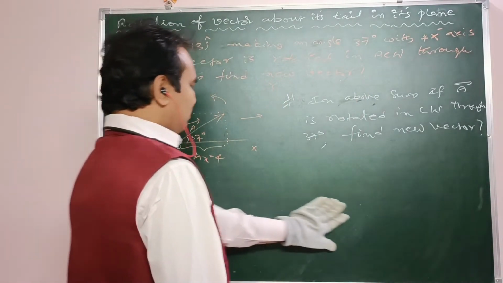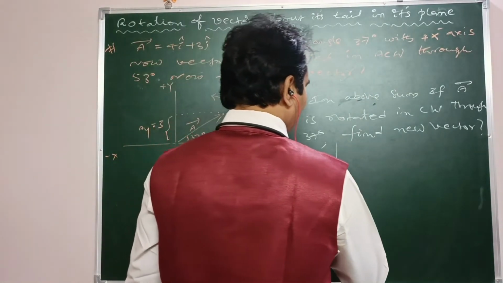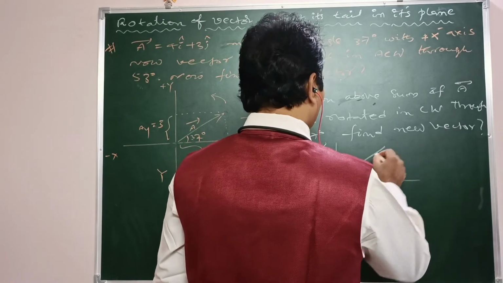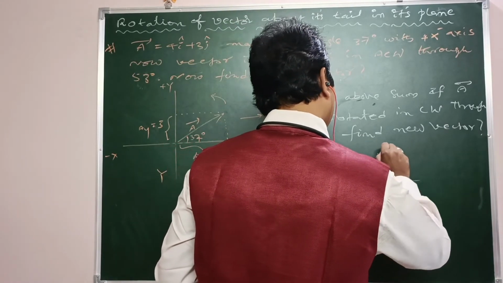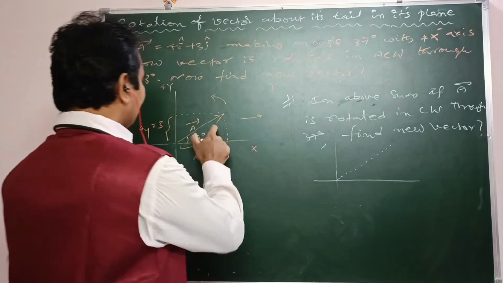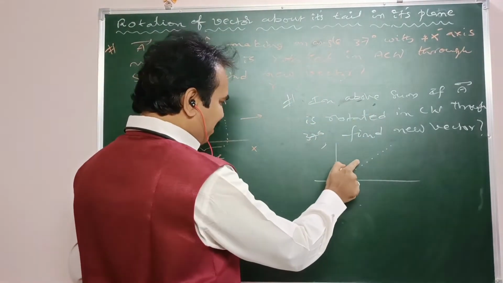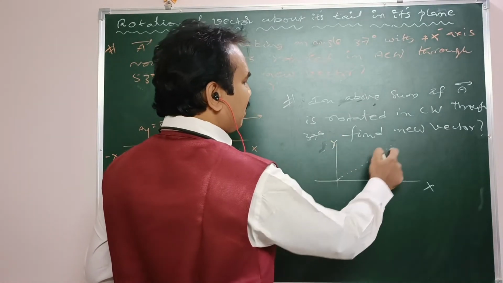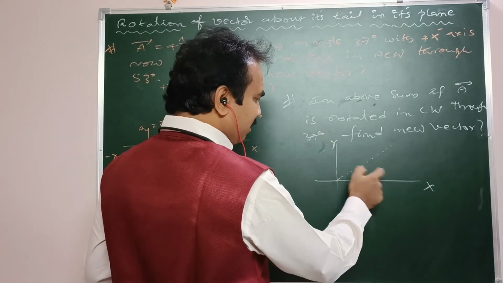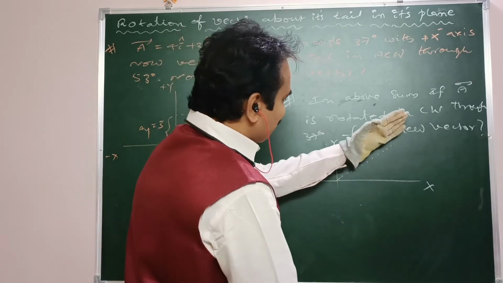See, this is the previous direction of the vector a bar. Now, what is the angle made by a bar with the x-axis? This is x, this is y, and this is the a bar. The angle made by this vector with x is 37.